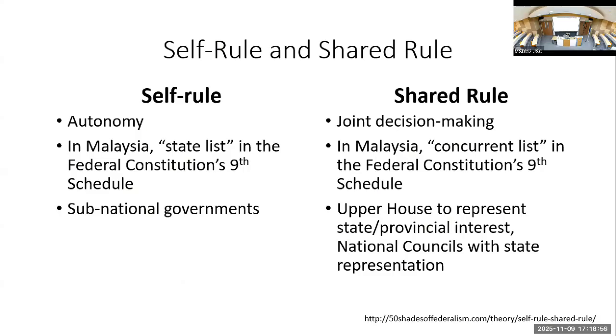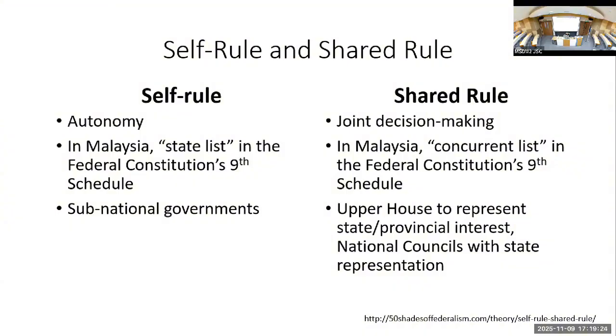What is important to remember in federalism is that there are 2 elements: self-rule and shared rule. Self-rule means autonomy. There are things that only the states or the provinces should do for themselves. But there's also the other part, that you have to have joint decision making. And so, for example, you have an upper house to represent states and provincial interests.